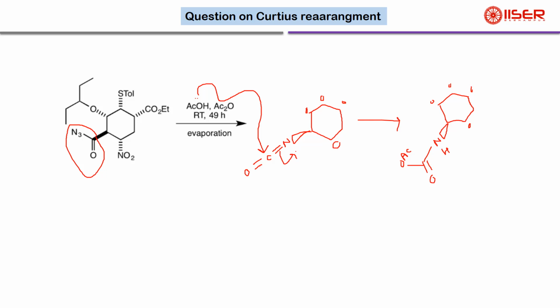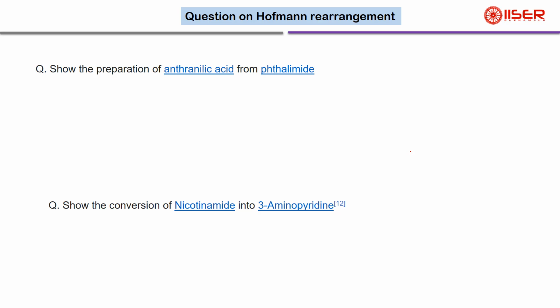It's very easy. Now there are two applications of this Hofmann rearrangement. First, we can synthesize anthranilic acid from phthalimide. And next, we can convert nicotinamide into 3-aminopyridine.